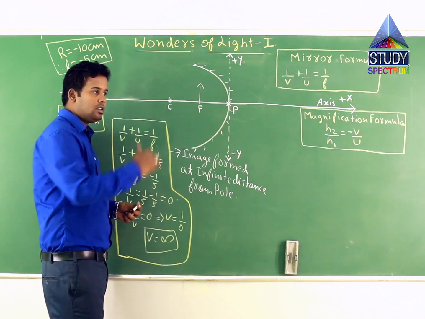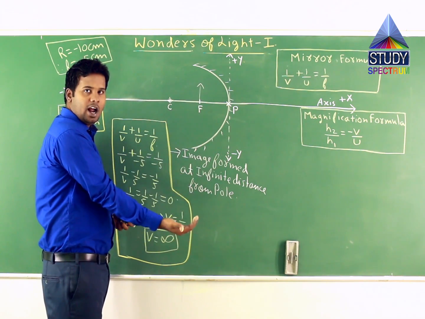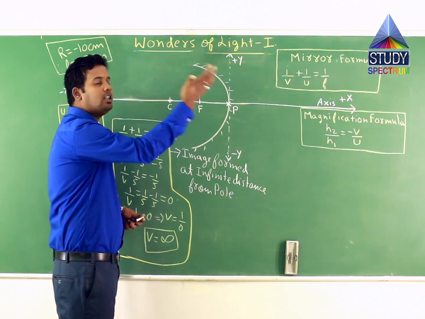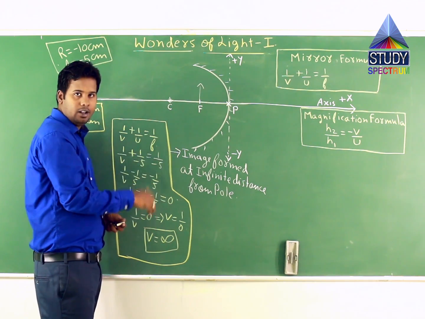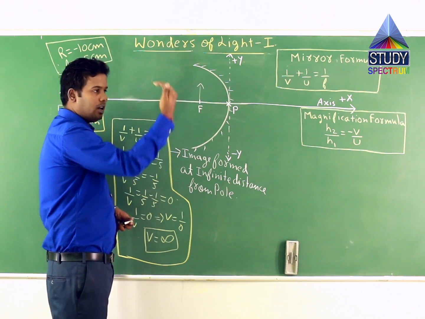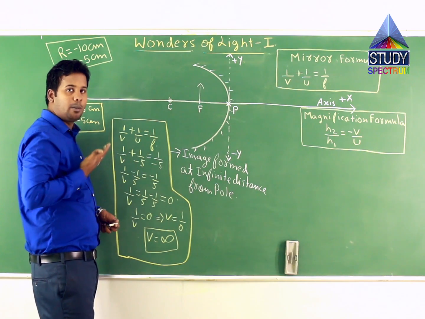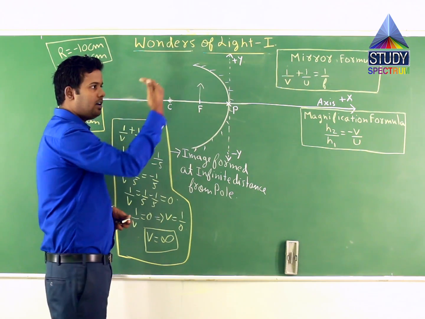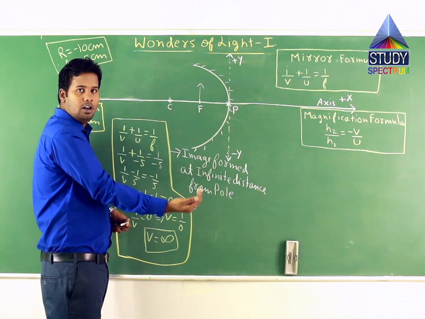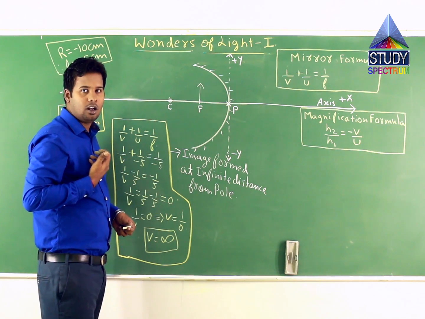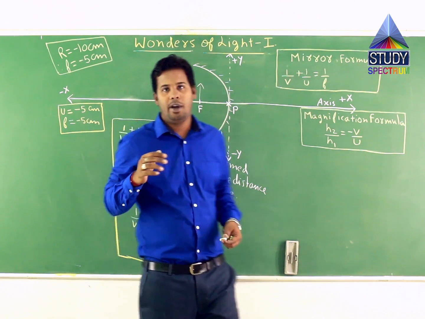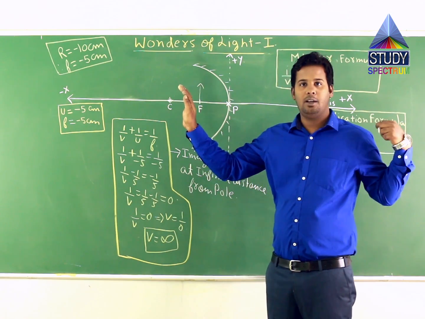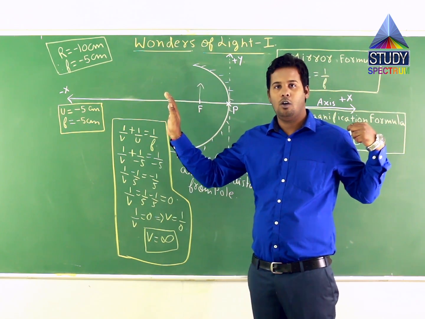Second thing, since this is the mirror and the image is being formed behind the mirror, this is positive infinity. The image is formed behind the mirror. If the image has been formed in front of the mirror, then this image is real. But since the image is being formed behind the mirror, the image should be virtual.